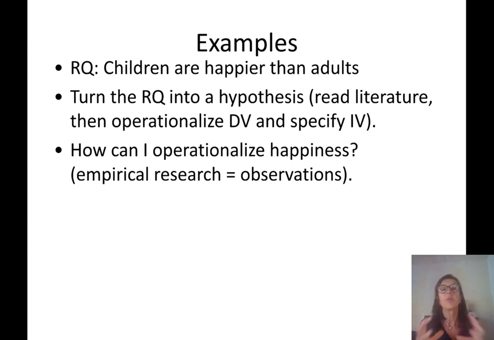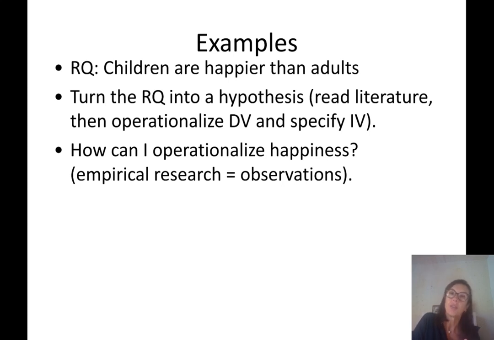So how can we observe happiness? That's what you have to think about in order to come up with some ideas of how we can measure happiness. If you want, you can pause the video right now and think about how we can measure happiness and come up with a couple of examples. And when you're done, you can press play again, and I will give you some examples.